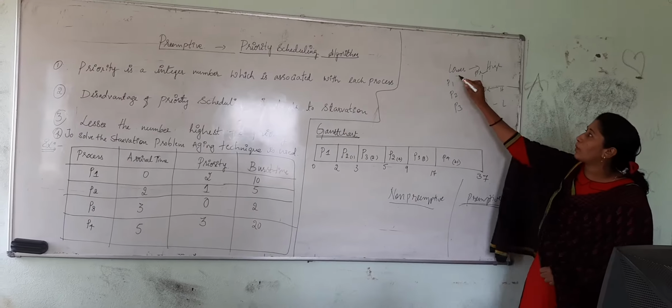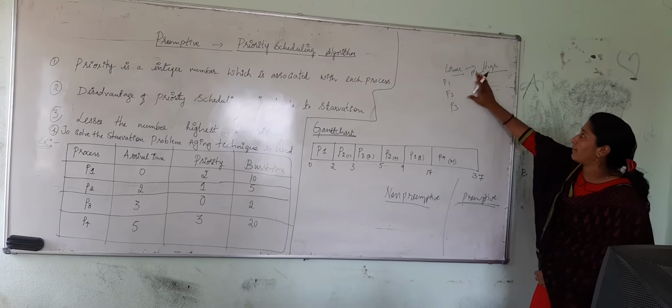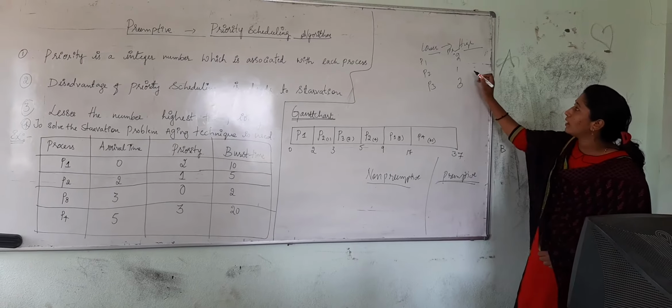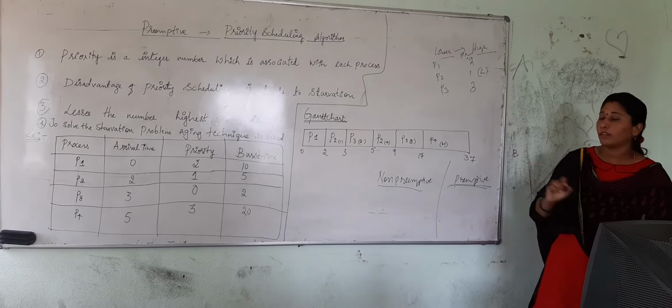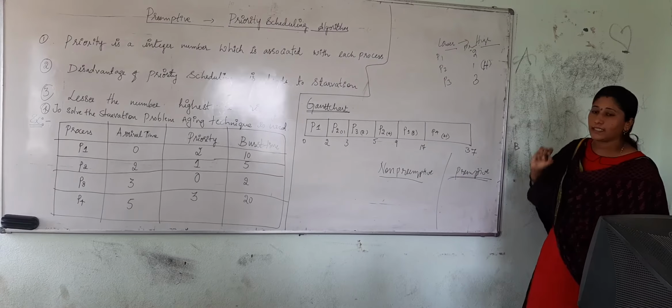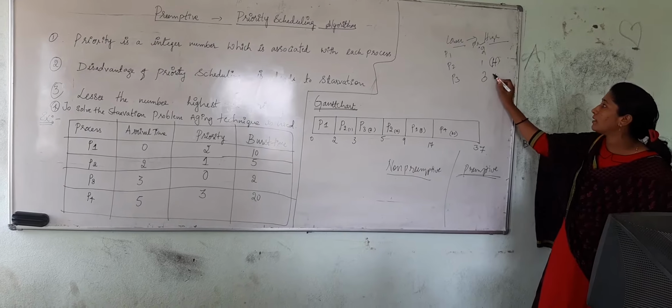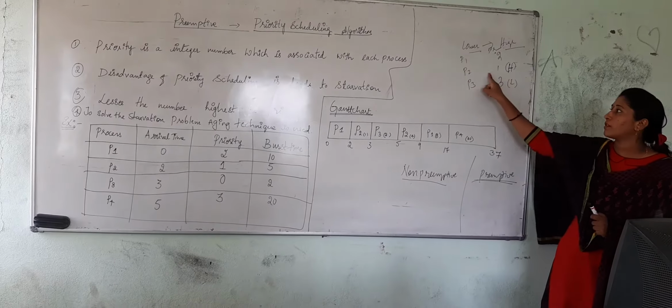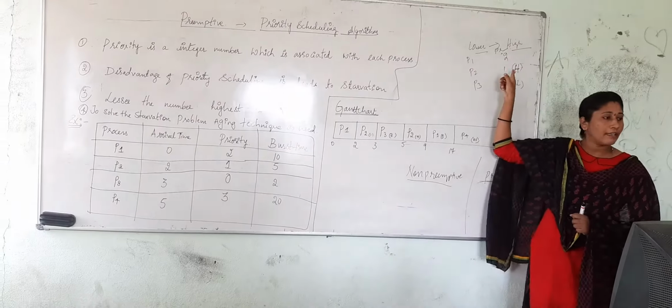This is: lower the number, highest the priority. If I say it like this, the lower number will be 1, that will be the highest, and the higher number will be the lowest. Which process will be given the first chance? Obviously P2 will be given the first chance.